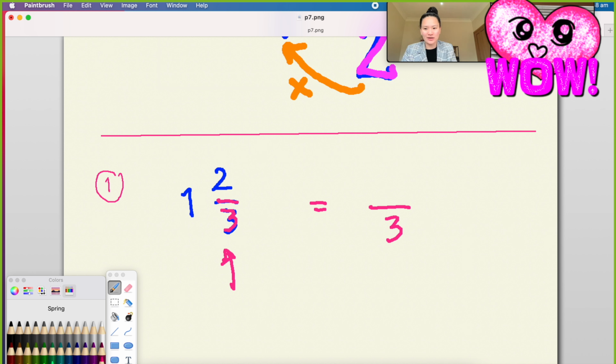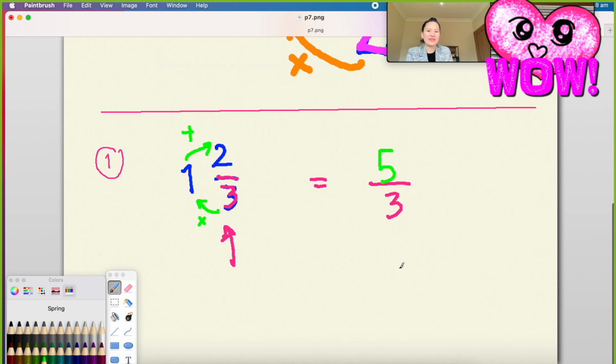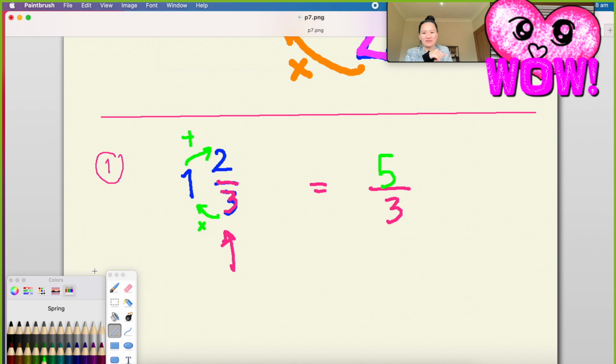Then Grace, color this one. 3 times 1 is 3. That makes sense? 3 times 1 is 3 and then plus 2. 3 plus 2 is 5. Does that make sense or not? Yeah. Okay, if you think it makes sense, let's see the next one.